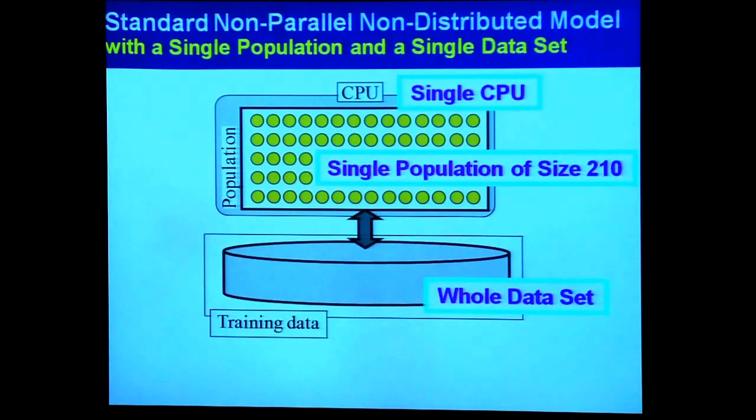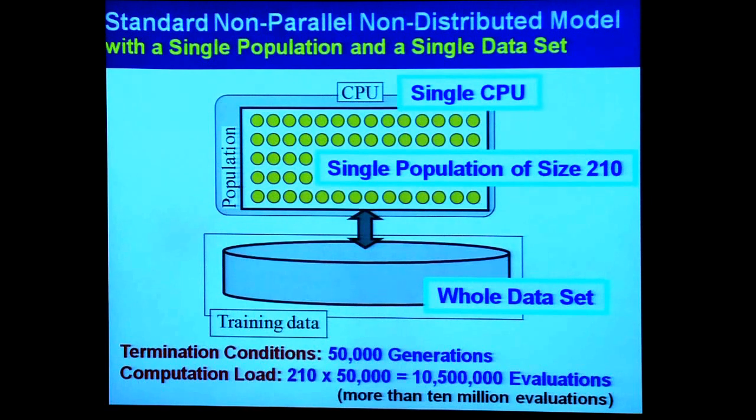For comparison, we use this model, standard non-parallel model, single CPU, single population of size 210, and whole data set. And we use a termination condition of 50,000 generations. Thus, in each population, we have 210 individuals, and those individuals were evolved for 50,000 generations.